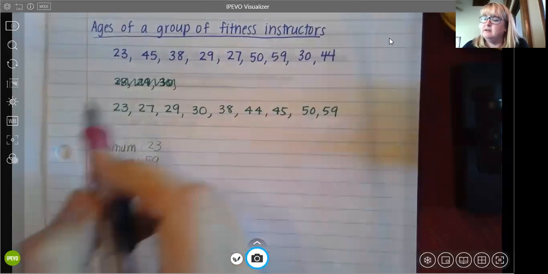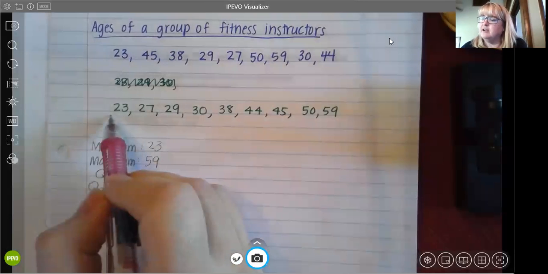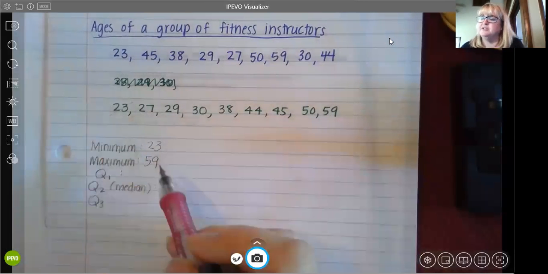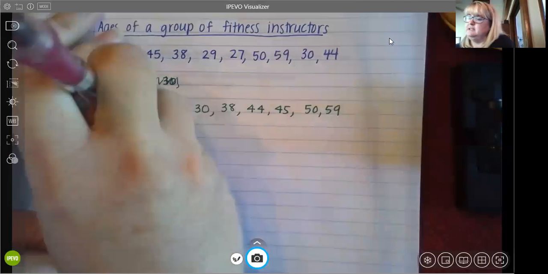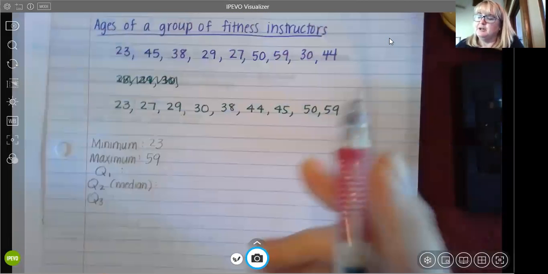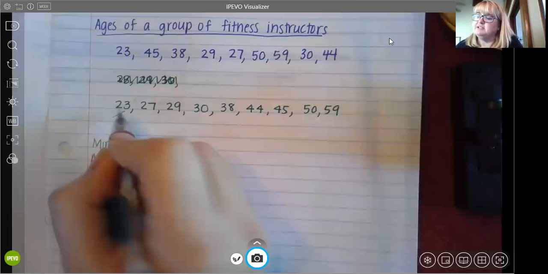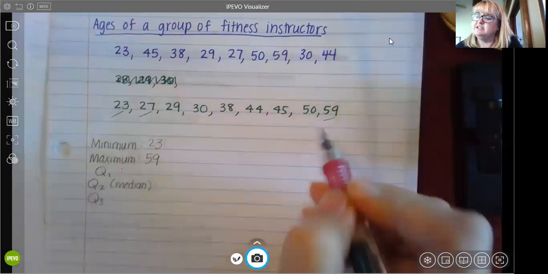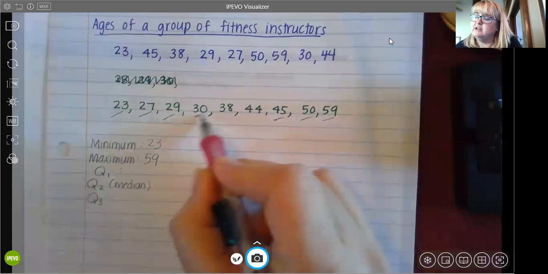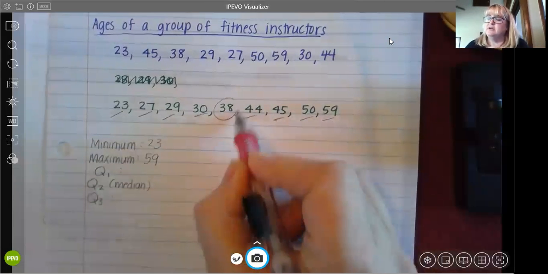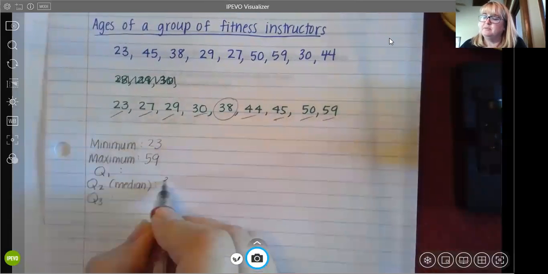And I'm going to just lightly mark out. Actually, maybe I underline it because I'm going to need those numbers. All right. So 23, smallest, largest, smallest, largest, smallest, largest, smallest, largest. Yay, median is 38. That's Q2.